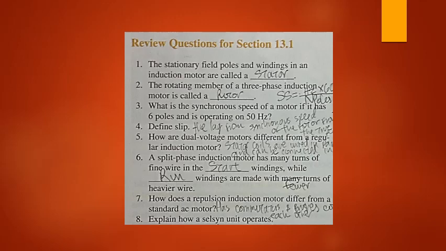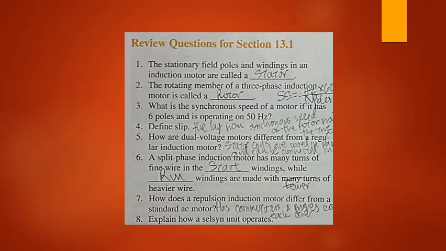Number 6, a split-phase induction motor has many turns of fine wire in the start windings, and run windings are made with fewer turns of heavier wire. Number 7, how does a repulsion induction motor differ from a standard AC motor? The difference is that it has commutators and brushes connected to each other.